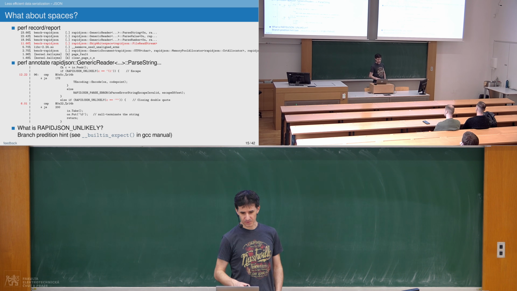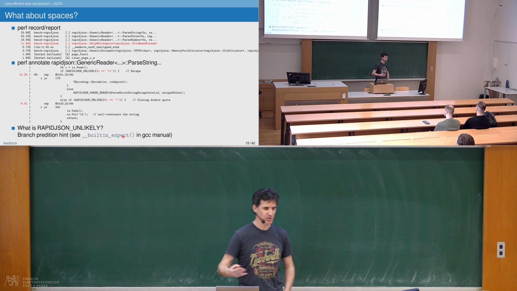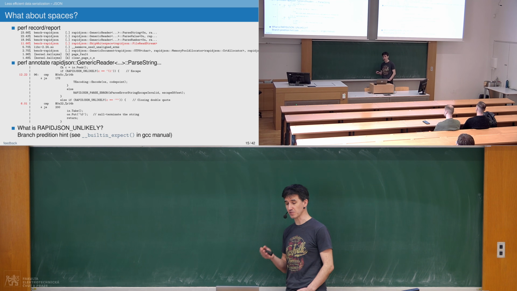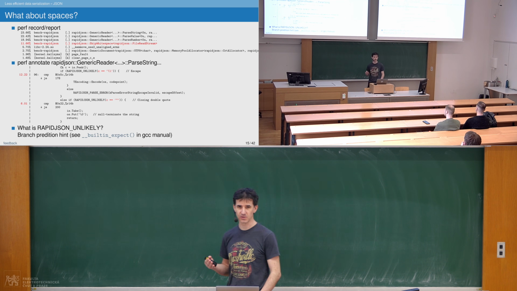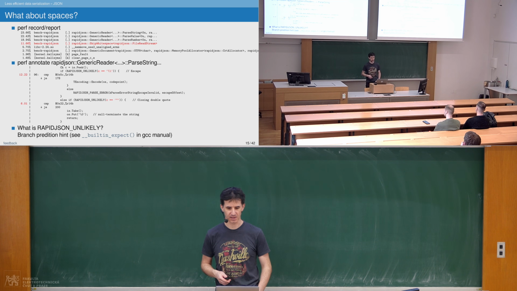So these unlikely macros or __builtin_expect functions are one of the reasons why this library is that fast, because you can see that the authors spent quite a lot of time on these kinds of optimizations, and these can clearly help.